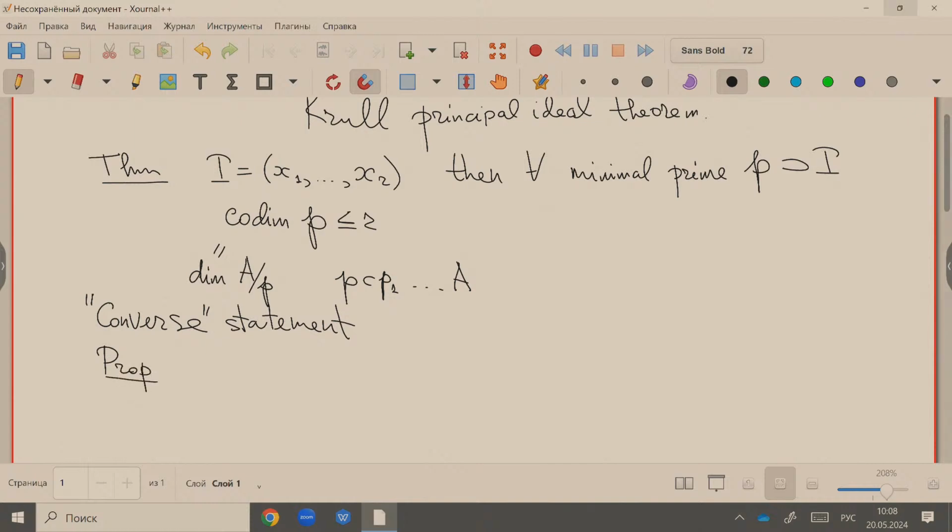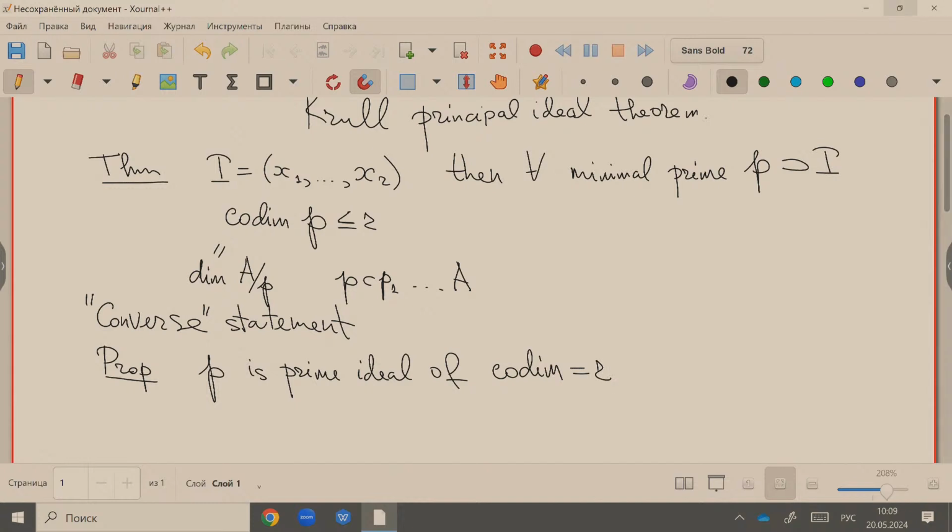Suppose P is a prime ideal of codimension equal to r.